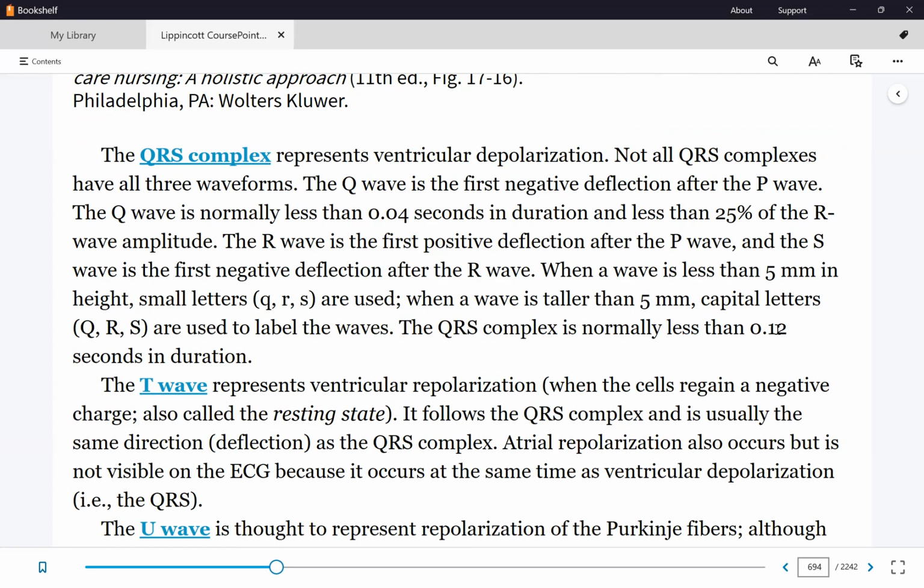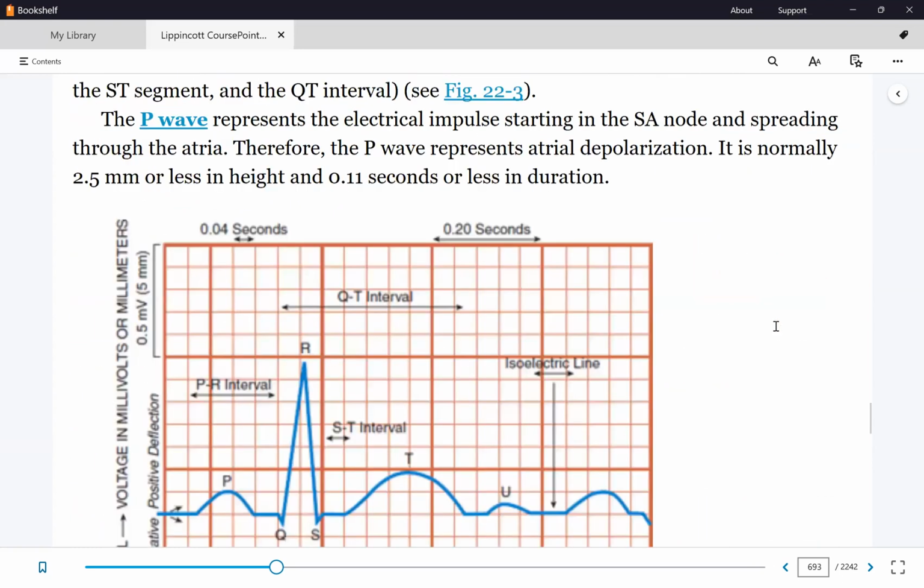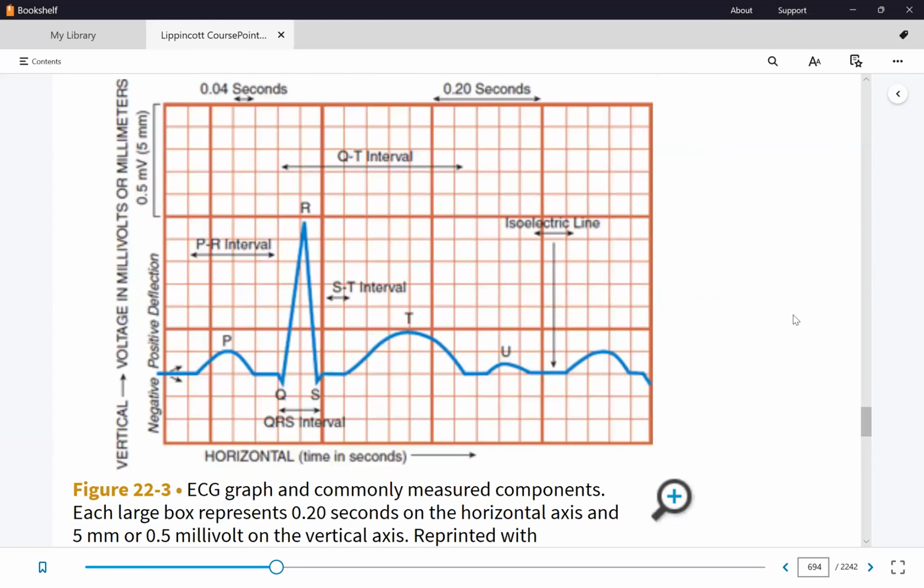Okay, so that's why we do 3 small boxes and big boxes, so that we don't have to keep measuring, because we know a small box is 0.04 and a big box is 0.2 seconds. So if I just eyeball it, it saves me time, yeah? If I look at the strip, I know this whole big box here is 0.2 seconds.